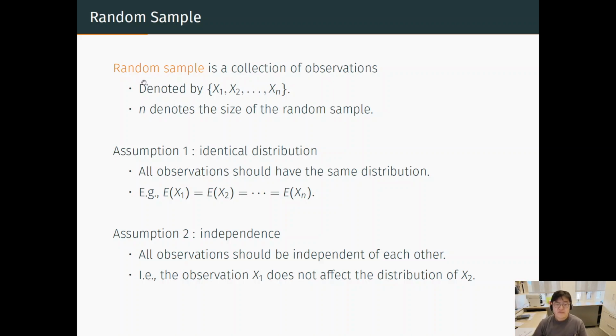For any data, if you treat it as a random sample, we are going to make two key assumptions. They are the most fundamental assumptions in statistics. The first assumption is the identical distribution assumption. All observations should have the same distribution. So if you ask the annual income, they must follow the same distribution. For example, what is wrong is if I ask annual income to one person, but to another person I ask weekly income.